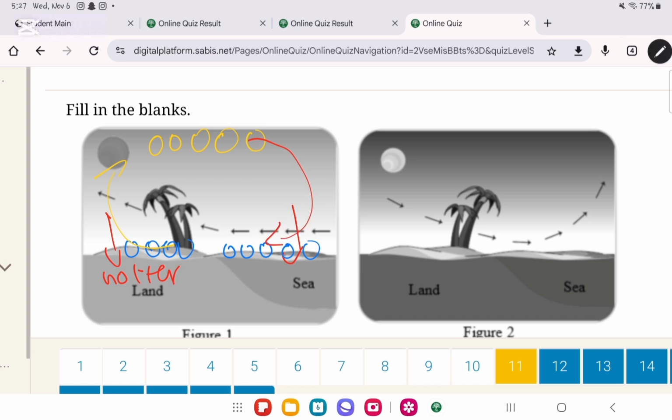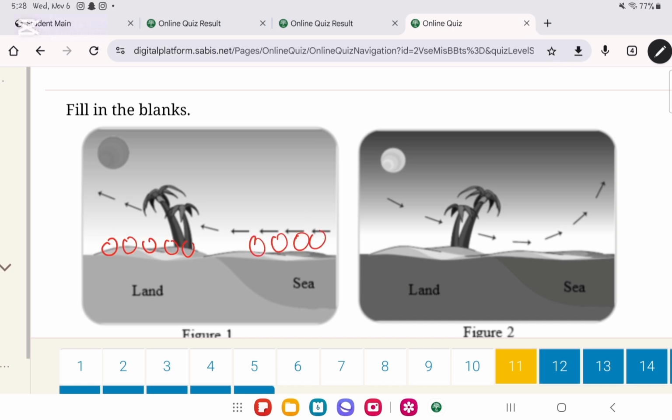And then these become colder, and so they come all the way here. They go either to the sea or to the land, and this is how the breeze happens. We call this a breeze. So again, I will repeat. We have wind particles on the land and wind particles on the sea.